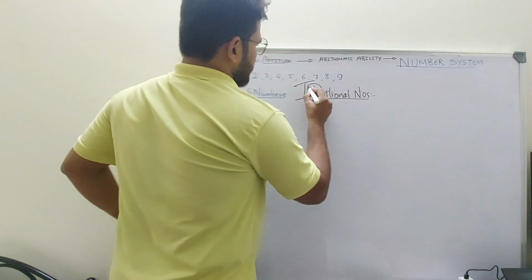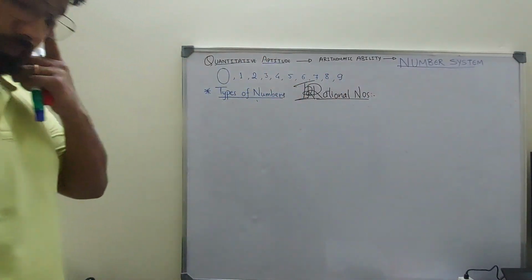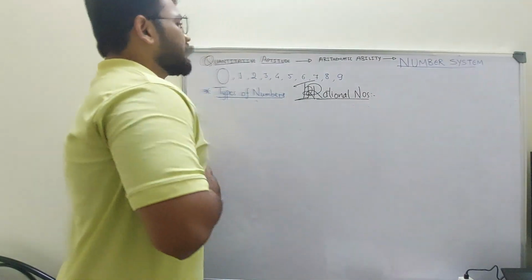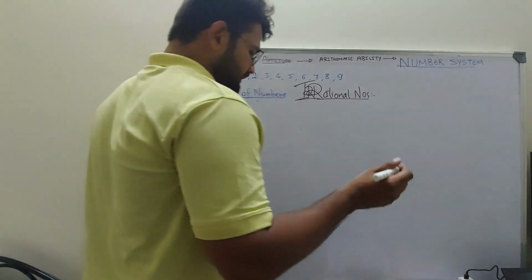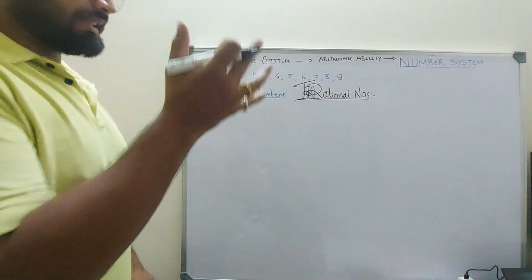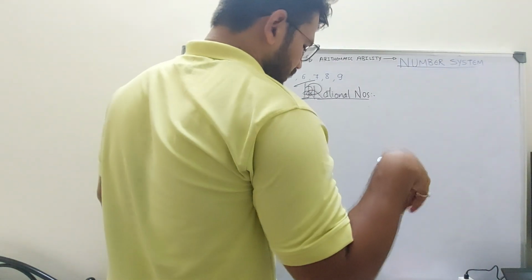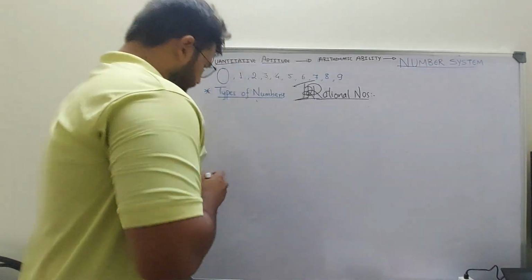Here one more R will be coming. Irrational numbers. So what are irrational numbers? Basically, the numbers which when expressed in decimal would be in non-terminating, non-repeating form.